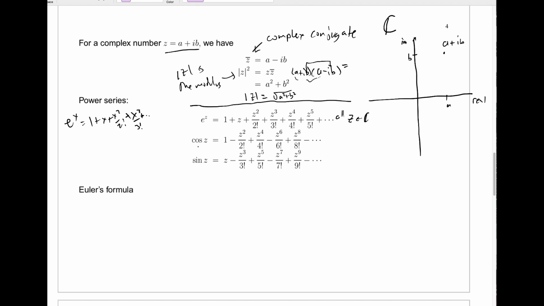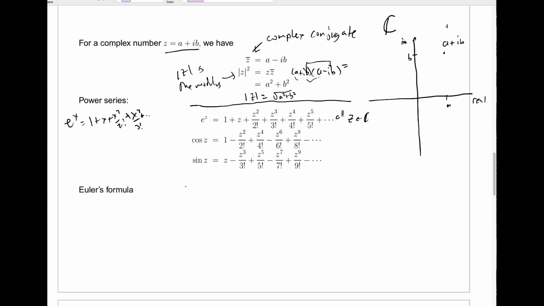And just the way we do for real numbers, where cosine of x is 1 minus x squared over 2 factorial plus x to the fourth over 4 factorial, etc., we'll define the cosine of a complex number z to be 1 minus z squared over 2 factorial plus z to the fourth over 4 factorial minus z to the sixth over 6 factorial, etc. The standard power series, just like the one you learned for cosine. And for sine, the same sort of thing. Sine of z is z minus z cubed over 3 factorial plus z to the fifth over 5 factorial, etc.